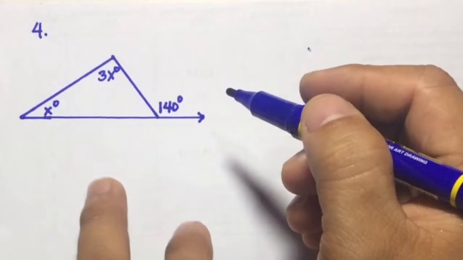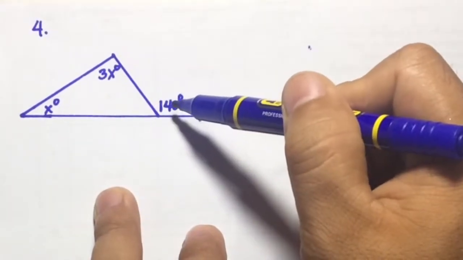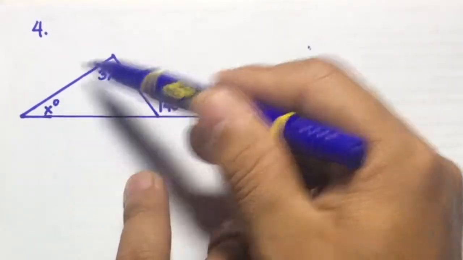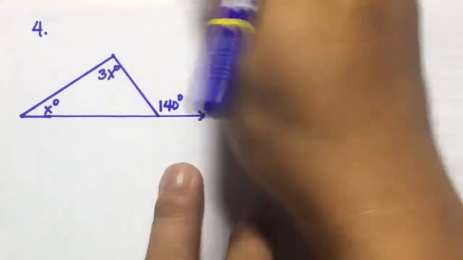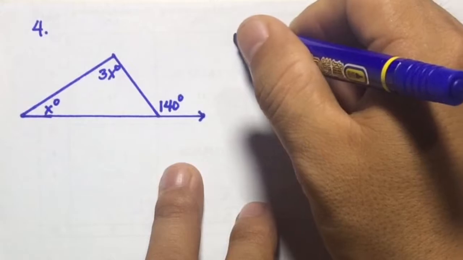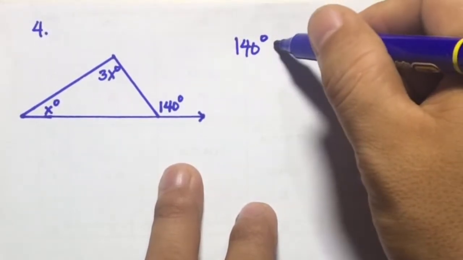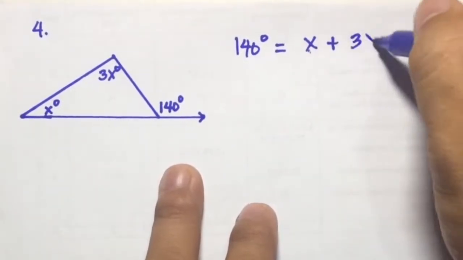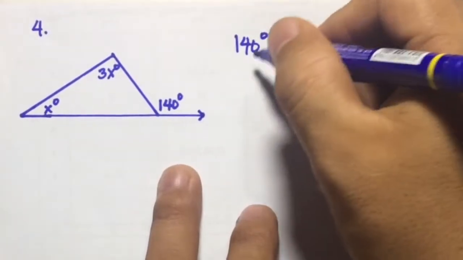Example number 4, we have here a figure. The exterior angle is 140 degrees, and its two remote interior angles measure x degrees and 3x degrees. By the exterior angle theorem, 140, the measure of the exterior angle, equals x plus 3x, the sum of the measures of the two remote interior angles.